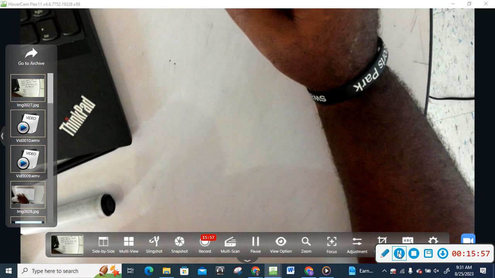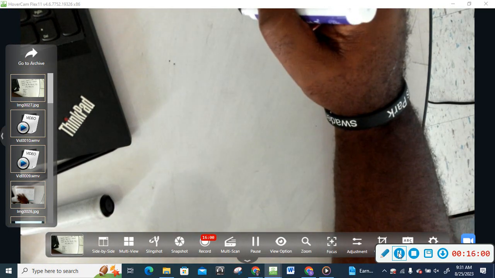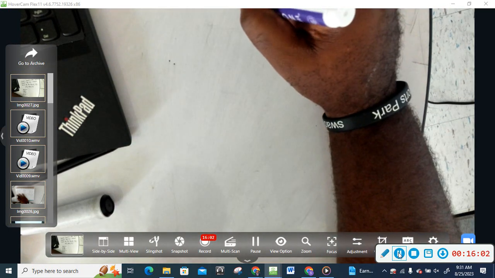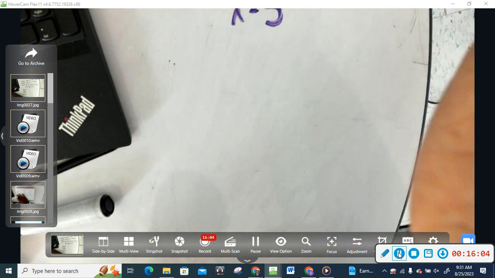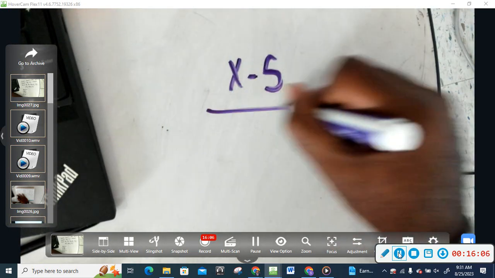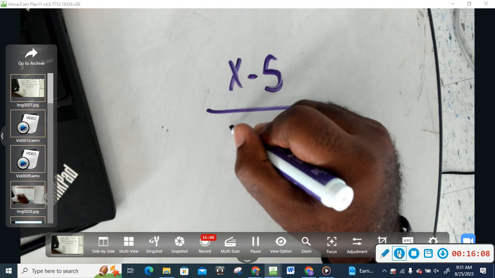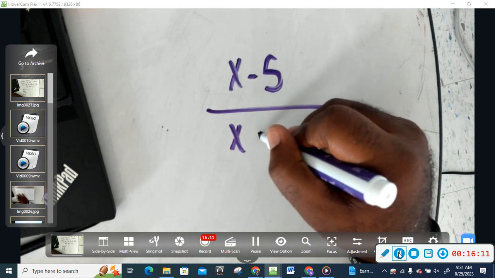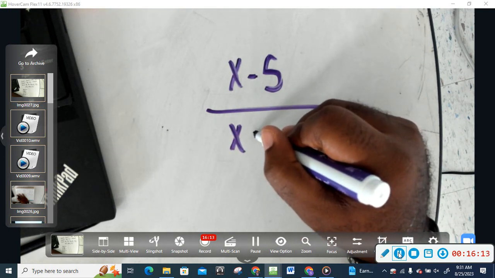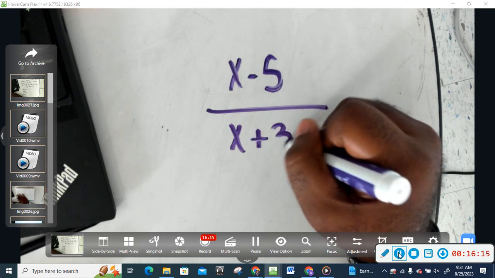All right, so you might see something like this in the pretest or the beginning parts. It'll be x minus 5 over x plus 3.